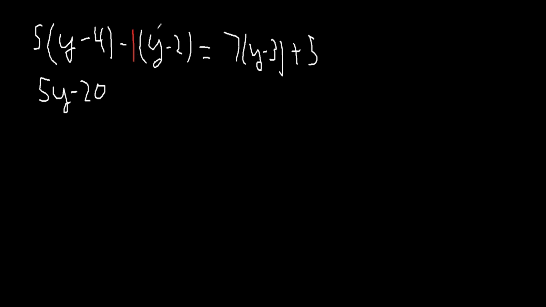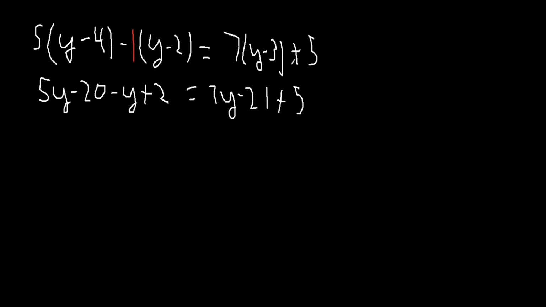So that gives us negative 1 times y, which is negative y. And then negative 1 times negative 2 is going to be positive 2. And this equals 7 times y, which is 7y, and 7 times negative 3, which is negative 21. And then here we have our positive 5.